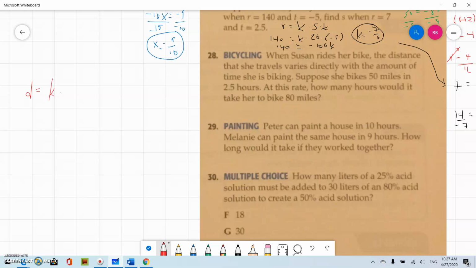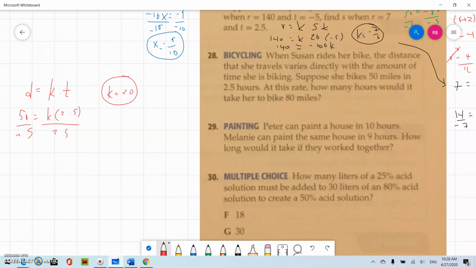I don't know what k is, but it directly varies with time. So basically, it's like a speed, right? K is the speed. Suppose she bikes 50 miles in 2.5 hours. Then k would be 50 divided by 2.5. So k is 20.